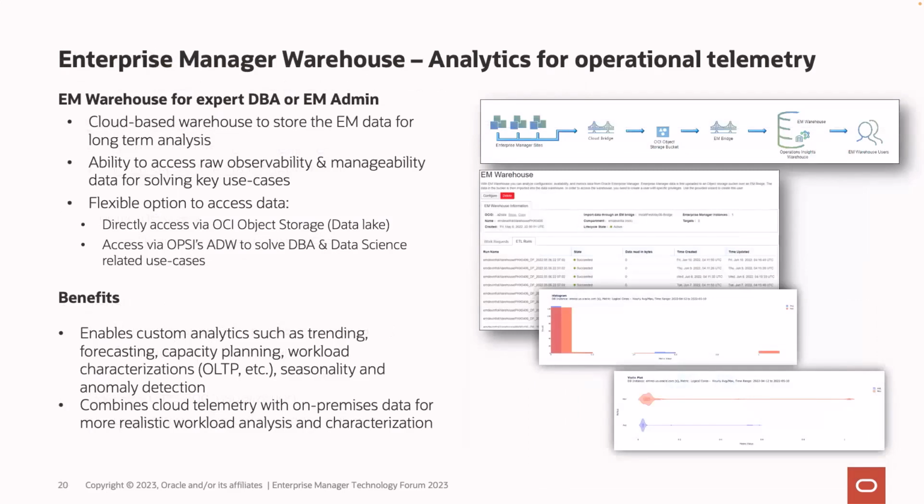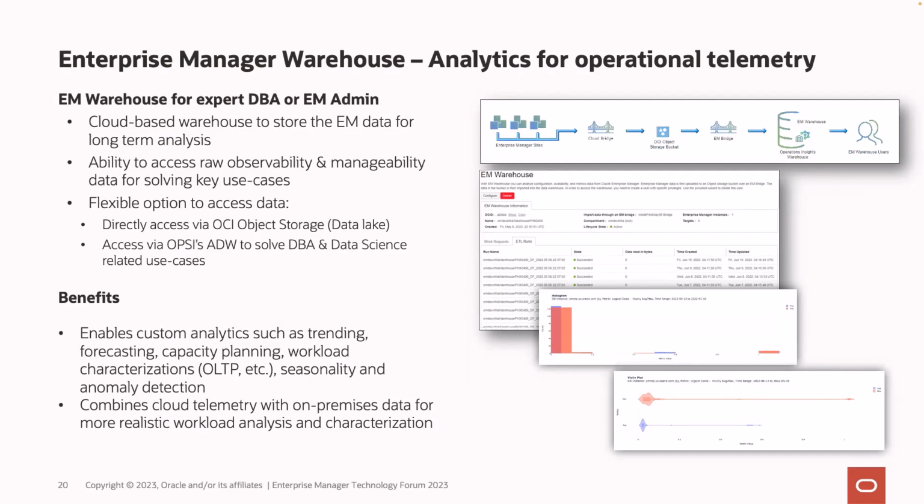Now, switching over from out-of-the-box applications to the do-it-yourself warehouse functionality as part of Operations Insights, we have purpose-built warehouses, such as Enterprise Manager Warehouse, which ingests resource-based operational metadata from Enterprise Manager repositories into a cloud-based data warehouse.